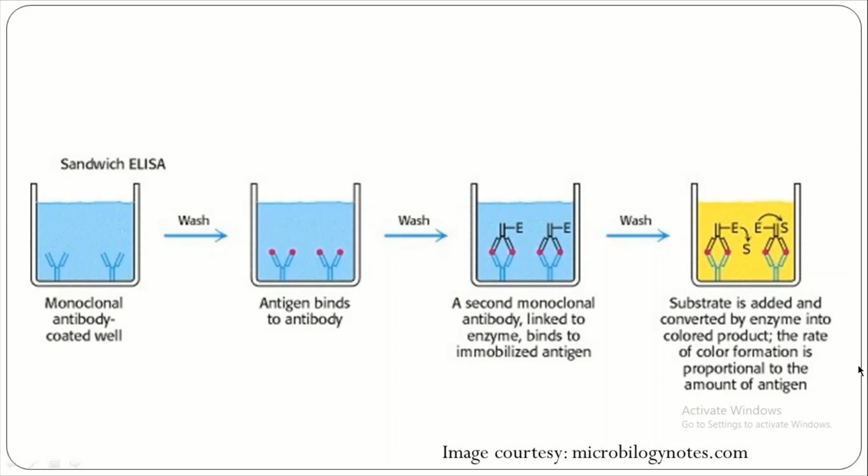After that you add the secondary antibody conjugated with an enzyme. Then you add the substrate. This is the way the commercial companies provide it. They will provide you two primary antibodies. One is to coat the well, and the second is to bind with the antigen at the second stage.